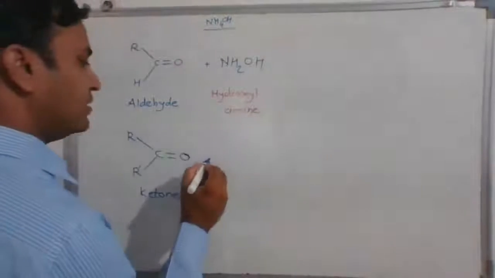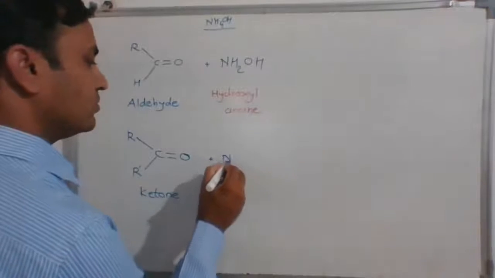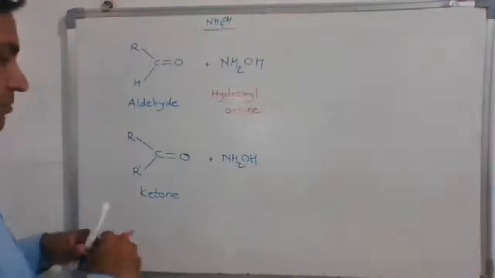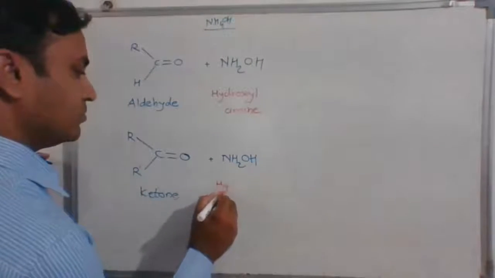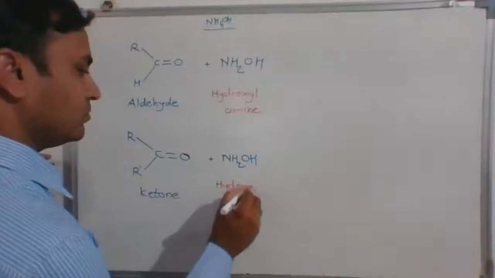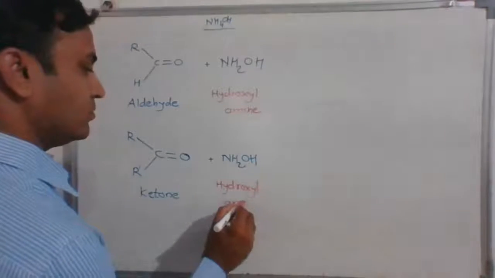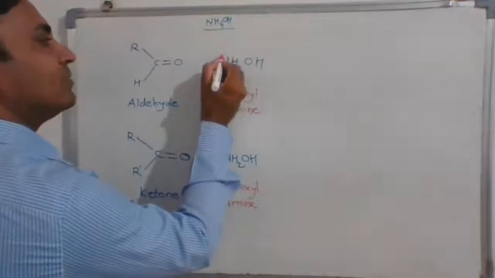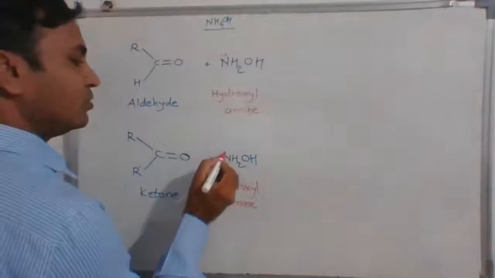So this aldehyde or ketone reacts with hydroxylamine. Here, the nitrogen of hydroxylamine contains a lone pair of electrons.